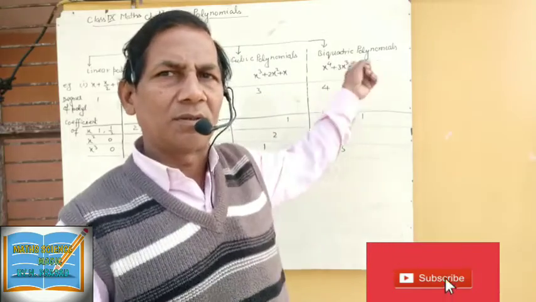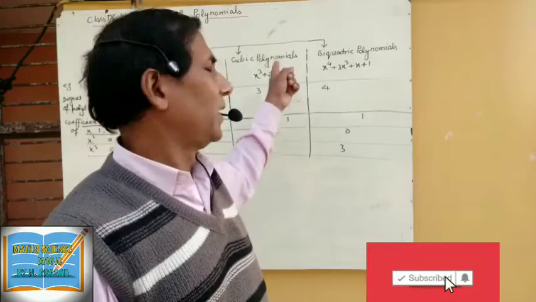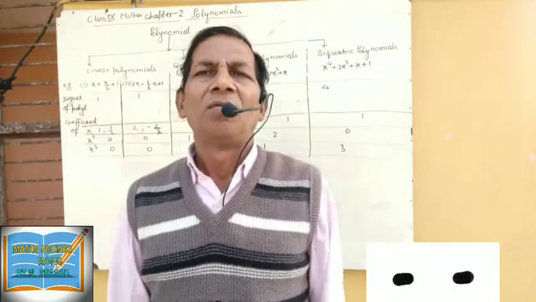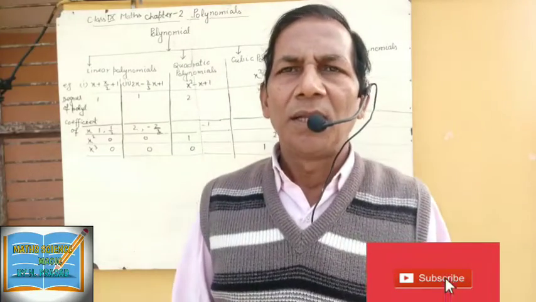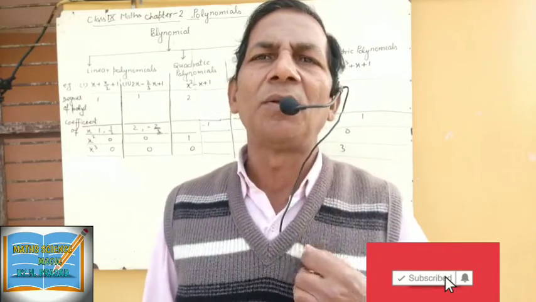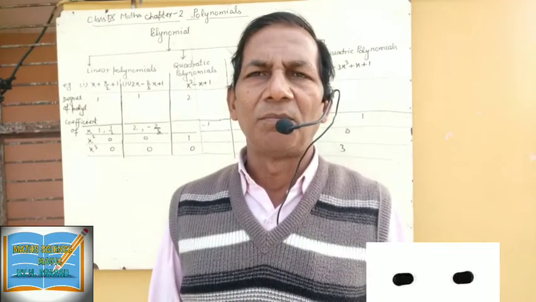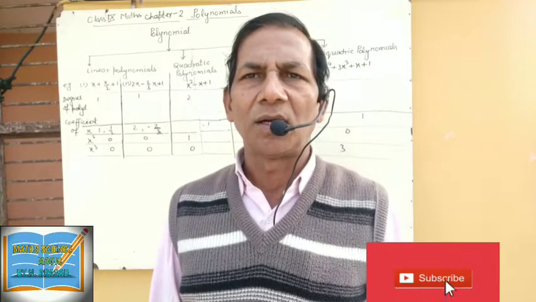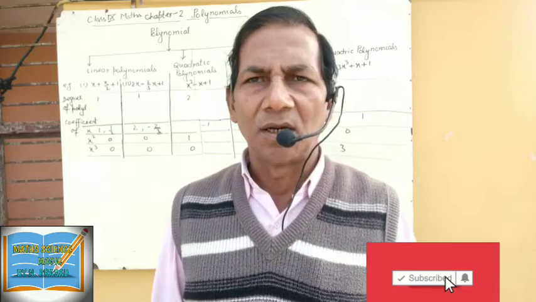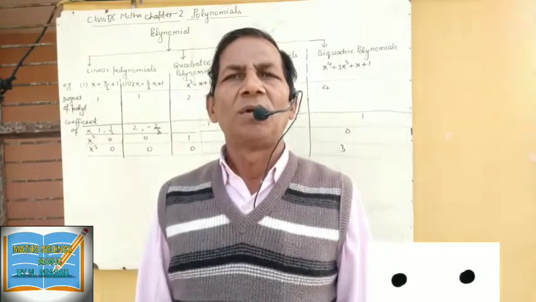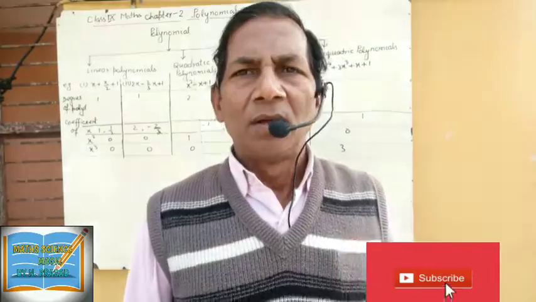All polynomials on this board, linear, quadratic, cubic, or biquadratic, are one variable polynomials only. If the degree of the polynomial is 1, then it is a linear polynomial. If the degree is 2, it is a quadratic polynomial. Degree 3 is a cubic polynomial, and a 4 degree polynomial is known as a biquadratic polynomial.